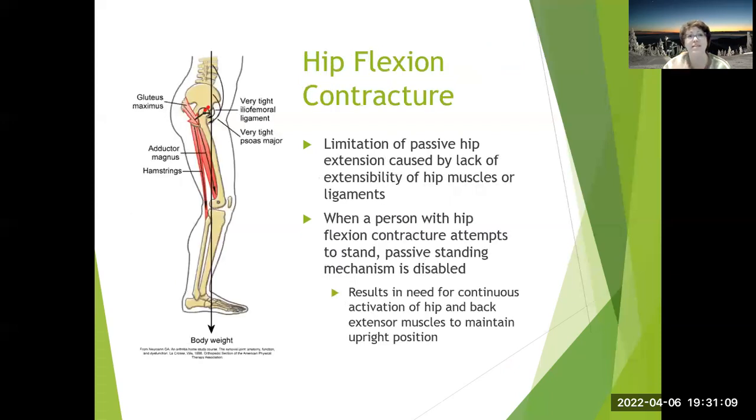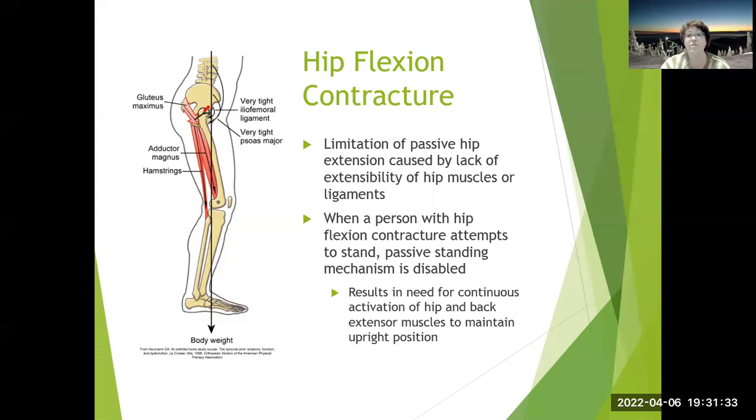So if someone has a hip flexion contracture, meaning their hip flexors are limiting their passive hip extension because the muscles are shortened for whatever reason. They might be shortened because the person sits all the time. They might be shortened because the person has Parkinson's disease. They might be shortened for some other reason.